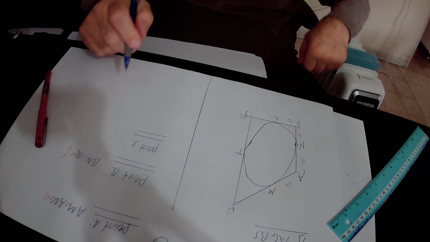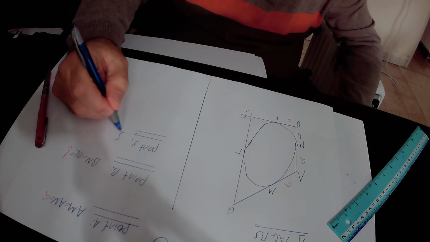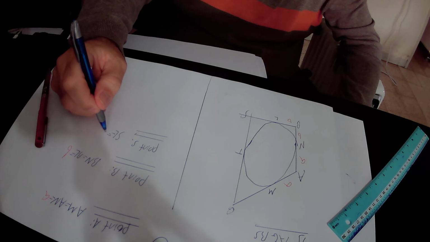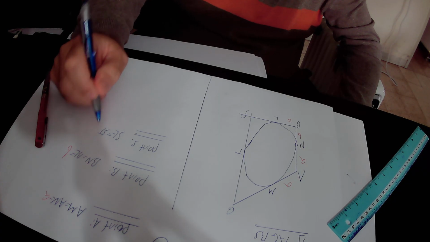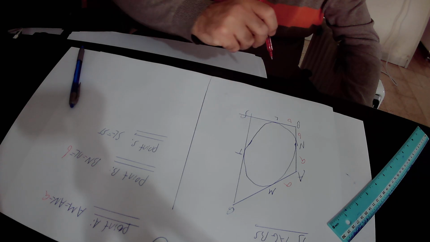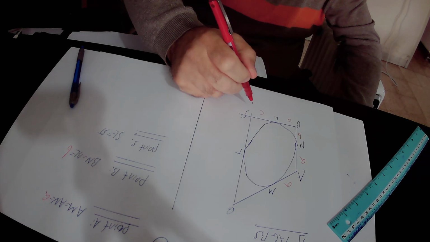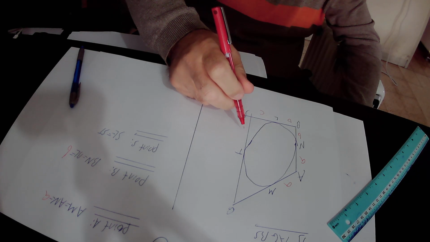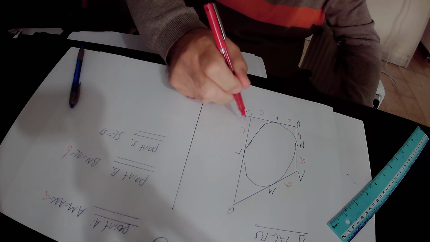That is to say, SL equals ST. If we define the length of SL as c, then the length of ST must also equal c.